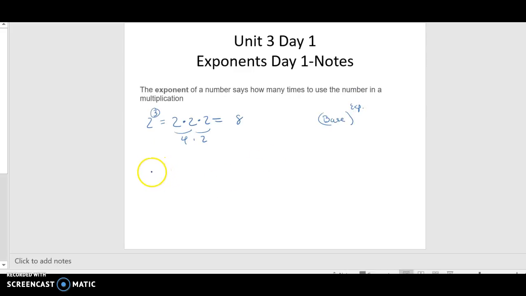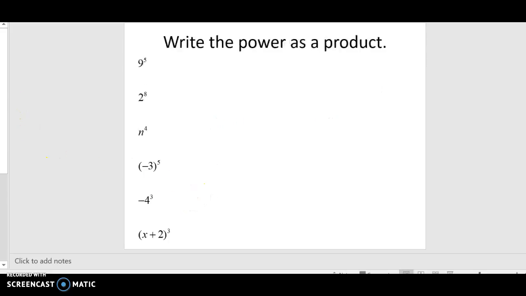Now, if I had repeated multiplication, such as 4 times 4 times 4 times 4, I could rewrite this as one base of 4 and raise it to the 4th power. So if we wanted to take these examples here and write them out as a product, the first one, 9 to the 5th power, I'm going to multiply 9 by itself 5 times. 2 to the 8th would be 2 times itself 8 times.